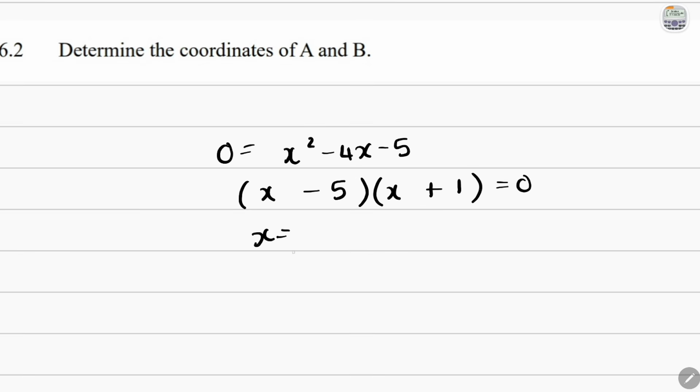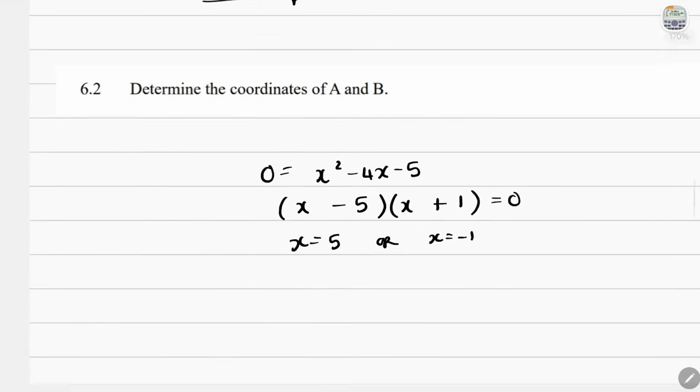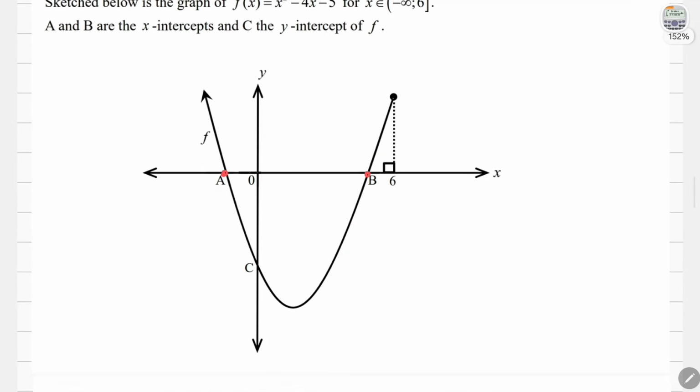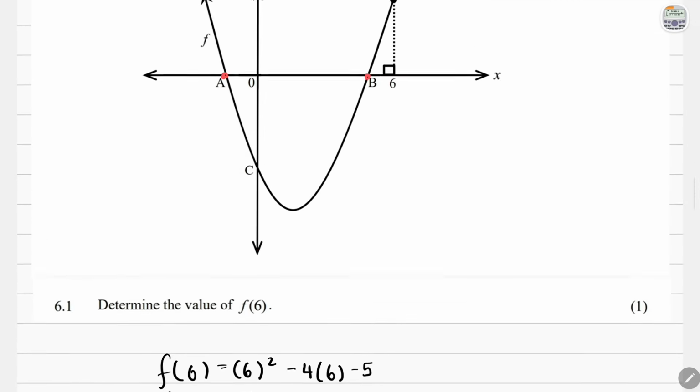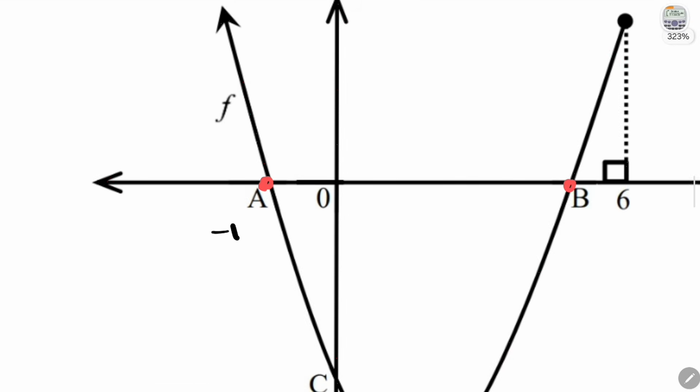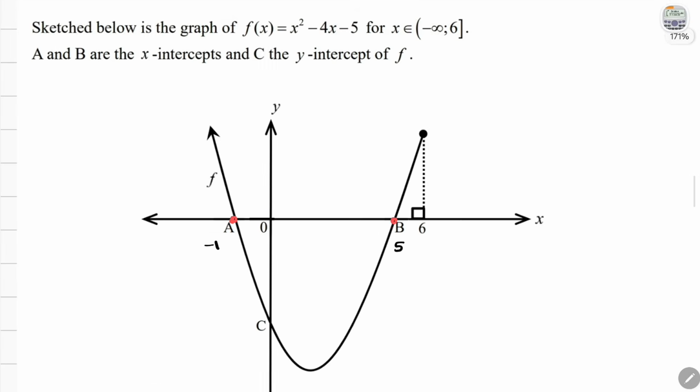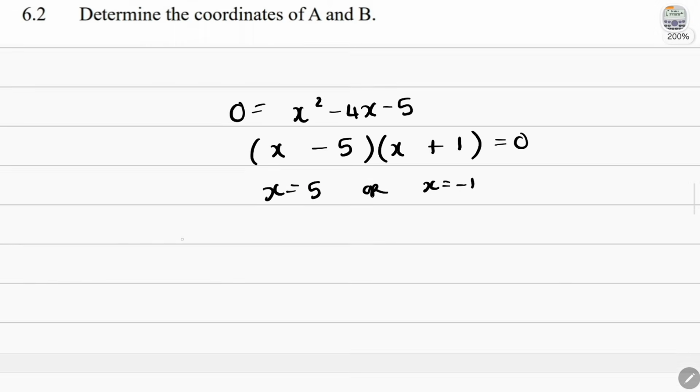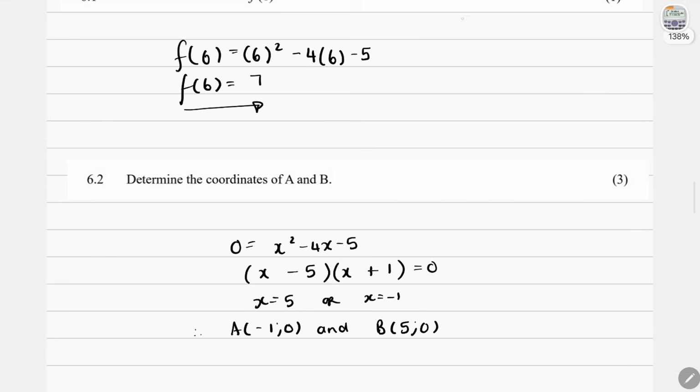So x is equal to 5 or x is equal to -1. And then you just have to choose which is A and B. So -1 and 5, this is -1, that is 5, and just putting them down because we'll probably need them. So we can finally conclude A is (-1, 0), and B is simply (5, 0). Moving on to the next question.